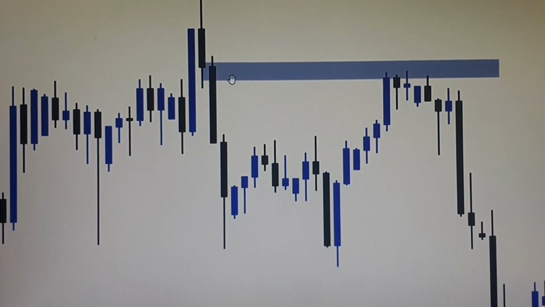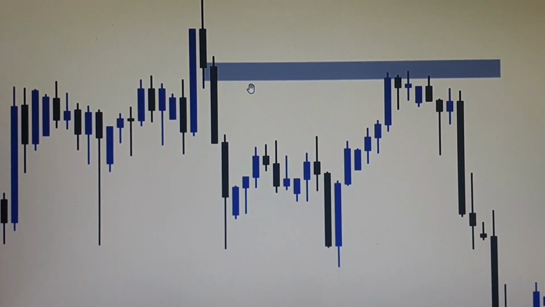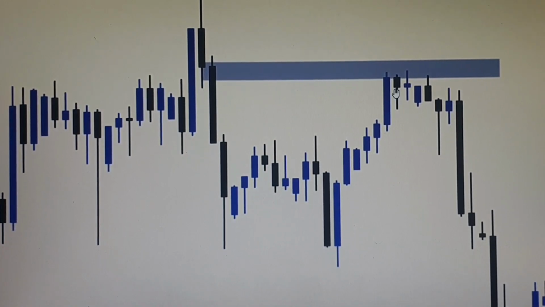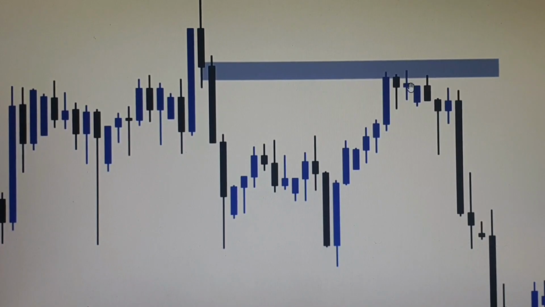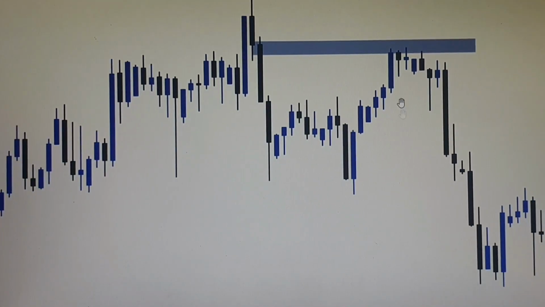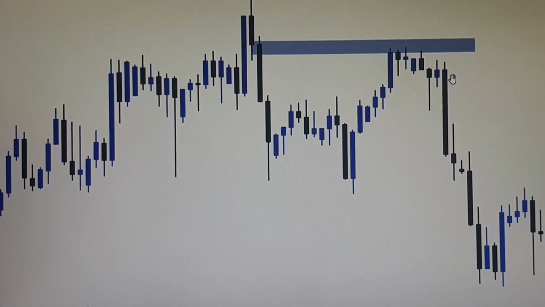You can call it a supply zone or order blocks, whatever. You see this cross doji, and afterwards another candlestick formation gave it a full bearish move. Can you see how massively it sold out?